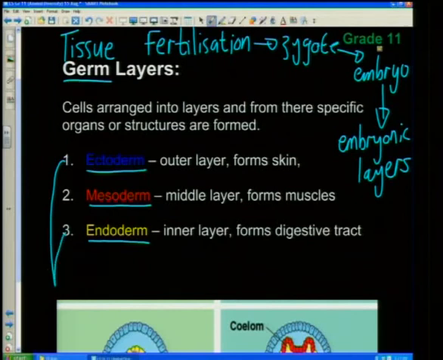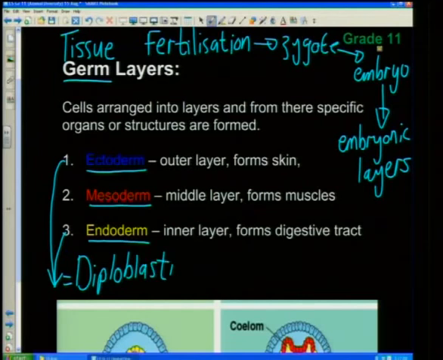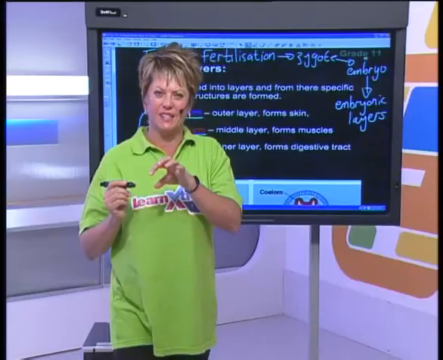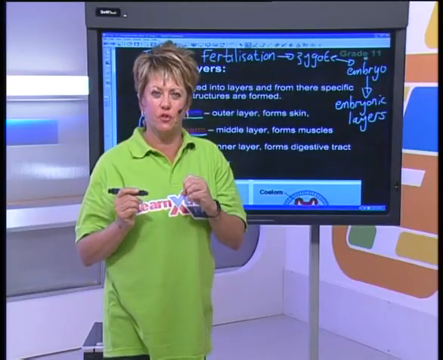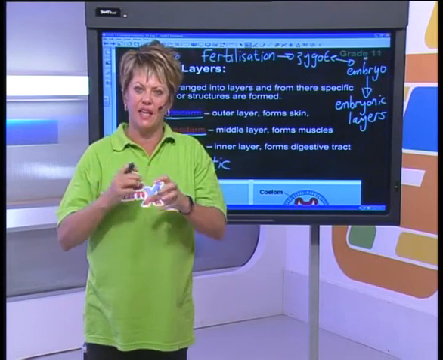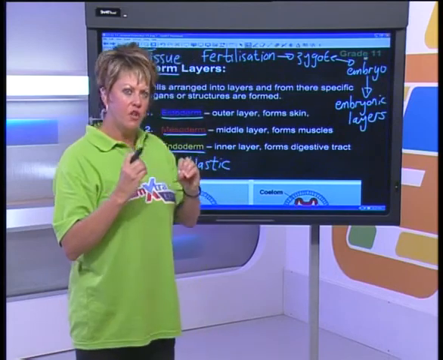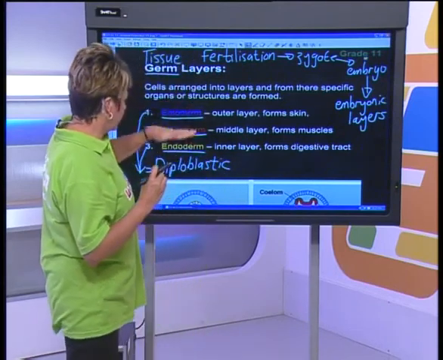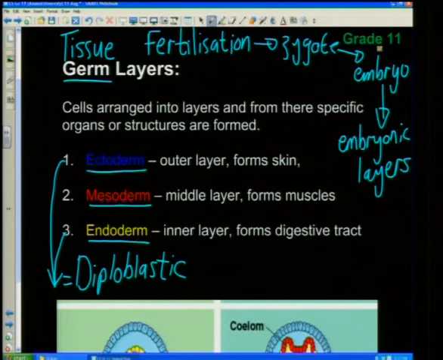Animals with those two layers, we're going to say the animal is diploblastic. Okay, you have to know that terminology. Diploblastic. Diplo, di comes from two, blastic comes from layers, layers of cells. So animals with an ectoderm and an endoderm are diploblastic.